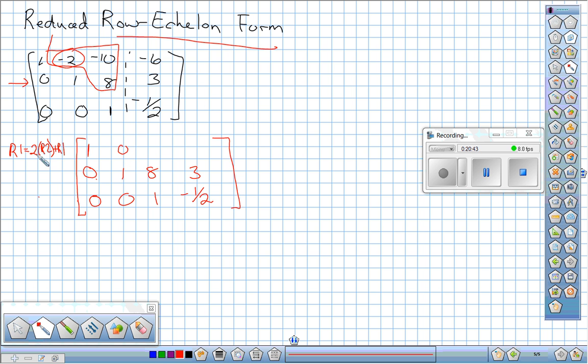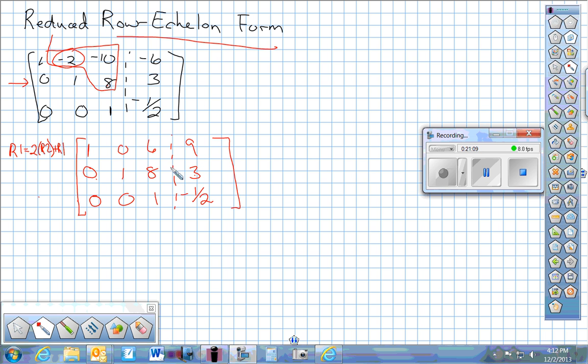Then I have 2 times 8 is going to be 16 minus 10. 16 minus 10 is 6. And then I have to do my third row, so I have 2 times 3. 2 times 3 is 6, plus 3 is 9.